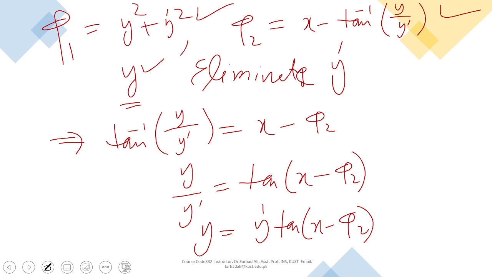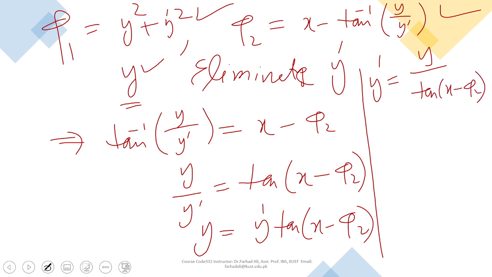So let's find y dash from here. y dash is y over tan of x minus phi 2. So I will put this y dash over here.